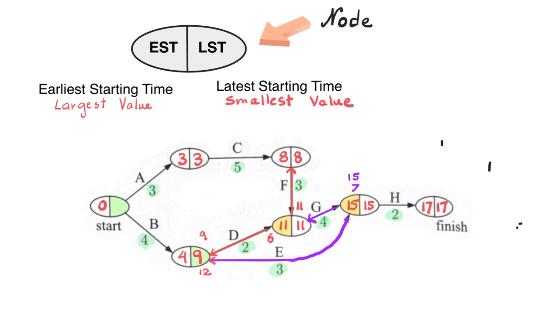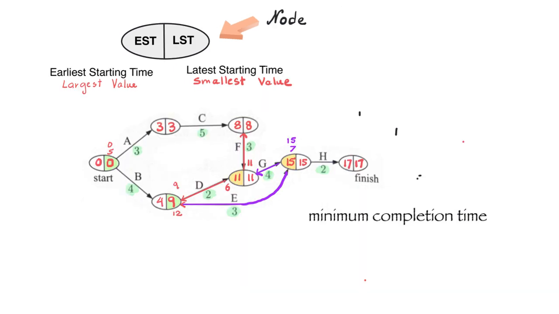And to finish the last node, we must decide to take the smallest value. Is it 3, take away 3 is 0, or 9, take away 4, which is going to give us 5. And of course we take the smallest value, so we end up with 0. Can you see that the minimum completion time is equal to 17 minutes or hours or days?